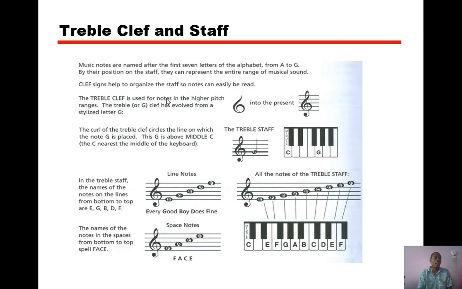Let's say the higher notes are placed on the treble staff and the lower notes will be on the bass staff, but for now we're looking at the treble staff. Another name for the treble clef is the G clef, because it circles around the G, or the second line.